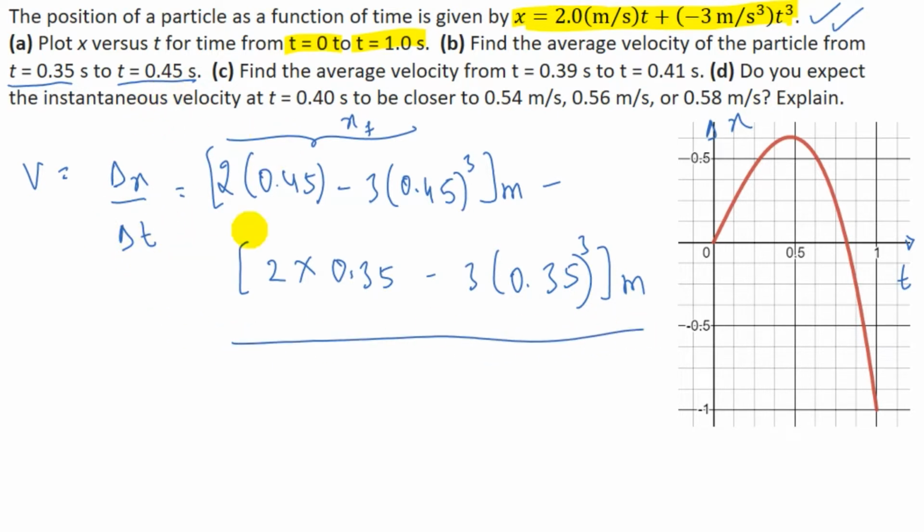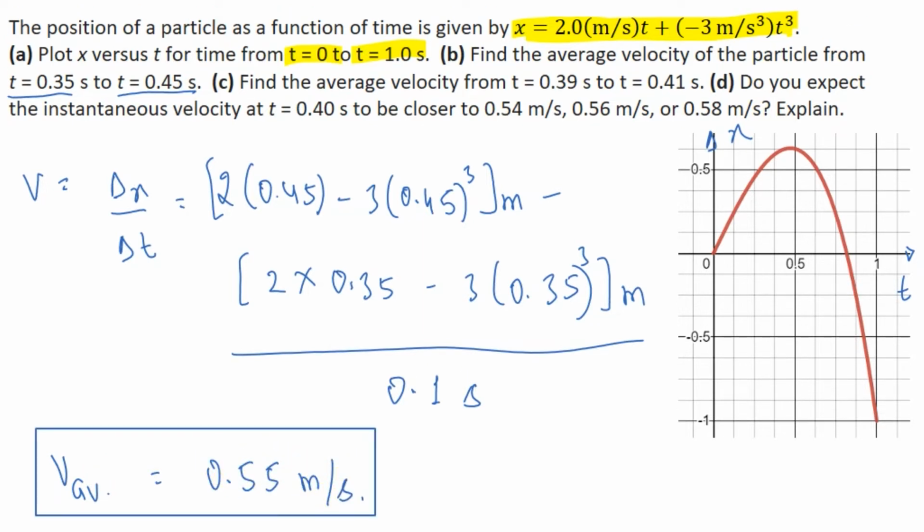Delta t we have 0.45 minus 0.35, which is 0.1 second. So we can write 0.1 second. Now we can use our calculator to solve this, and we'll get the average velocity to be equal to 0.55 meter per second. So this would be the answer for the B part.